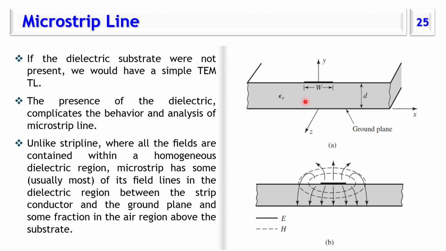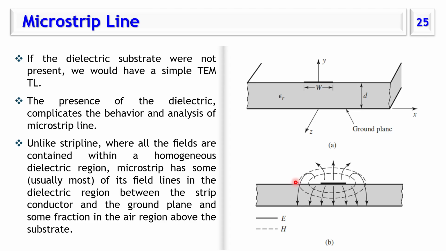Microstrip line is a double conductor, but in reality it can't carry a TEM mode because a small percentage of the field is propagating in air, and the majority of the field is propagating in the dielectric material.